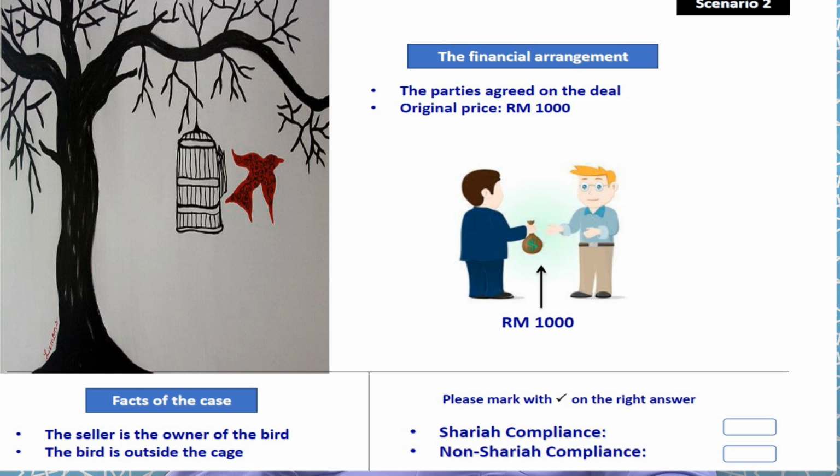So a seller is selling a bird for 1,000 and the bird is outside of the cage. What's your assessment of the Sharia compliance status of this case? Is it Sharia compliant or not?